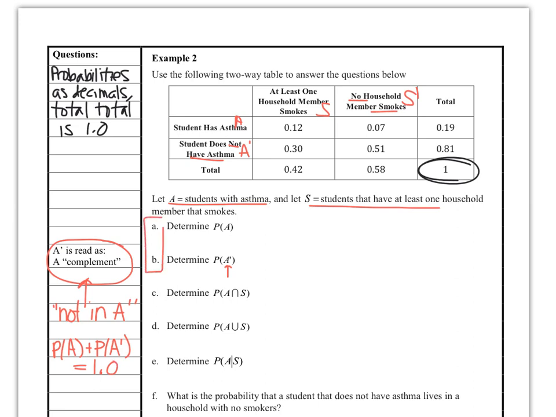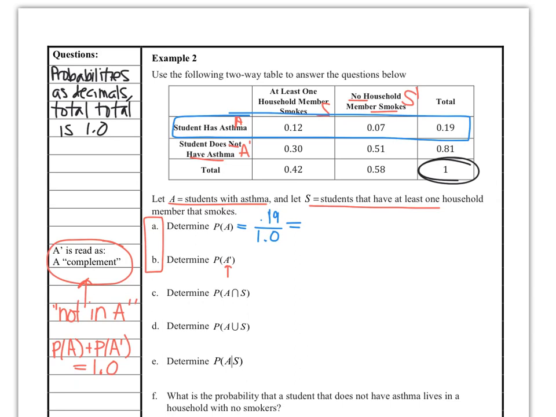Okay. So, probability of A, well, they already gave us a symbol, so all we have to do is come up with a fraction. So, the probability of being a student with asthma, out of all the students that were surveyed, what's the probability you have asthma? All the students that were surveyed is our total, that 1.0. And then the number of students that have asthma out of all of them is the 0.19.